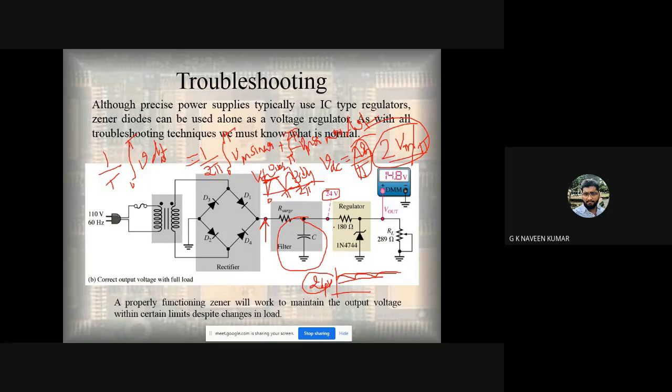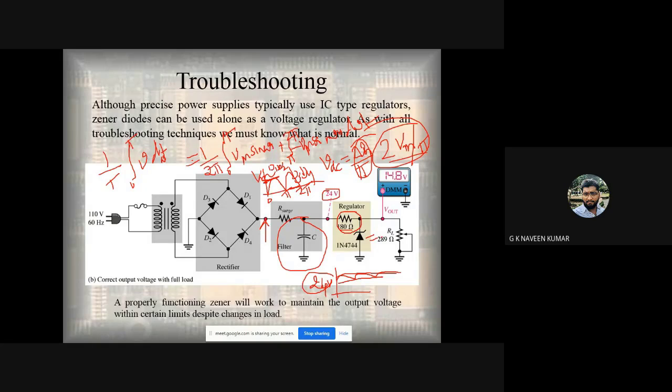This 24 volts is maintained. Suppose I want 15 volts for a particular application, then we use a resistor to get the drop, and a Zener diode.